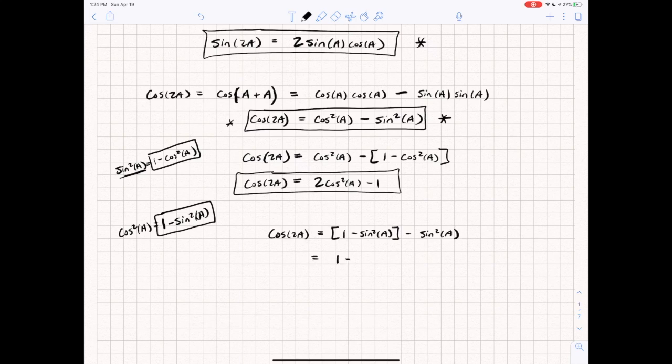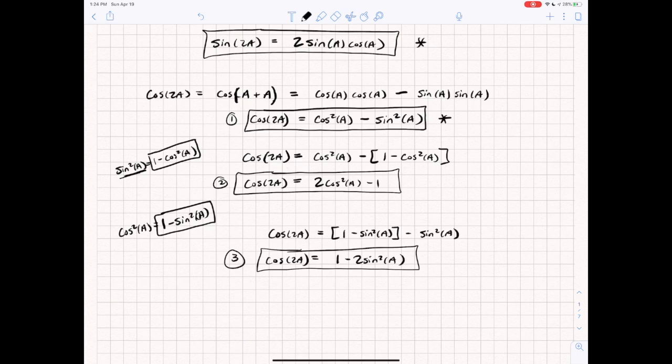And this would be equal to 1 minus 2 sine squared of a. And this is equal to cosine of 2a. And so I have the first one, the second one, and the third one. And these are the only ones that we're going to focus on in this lesson.